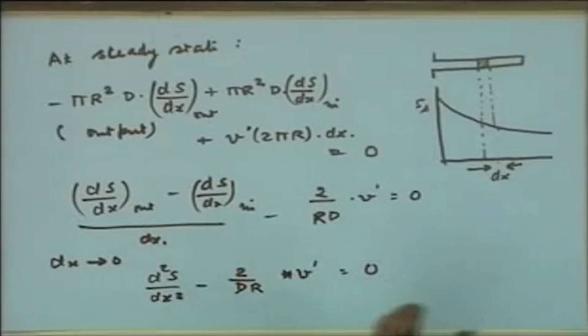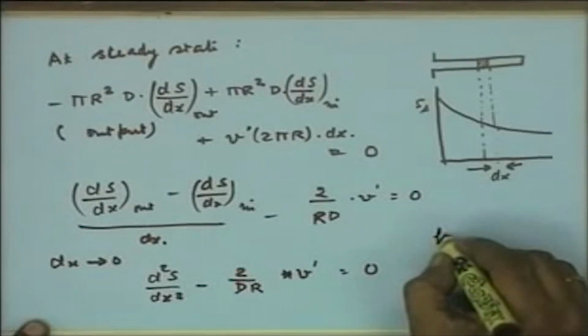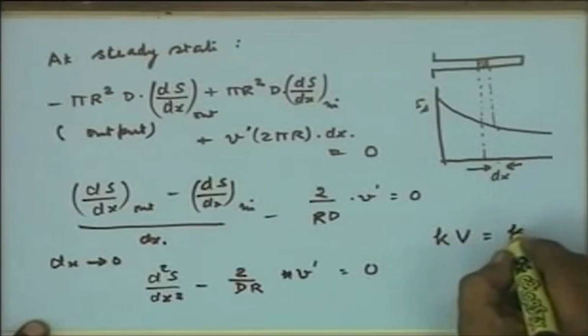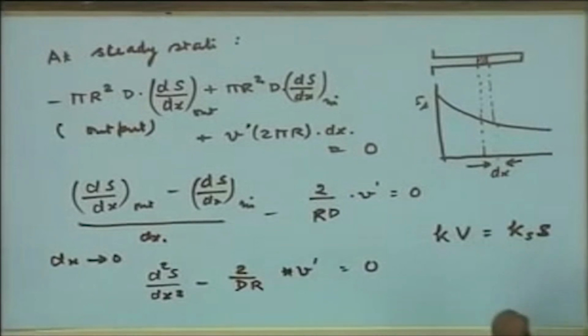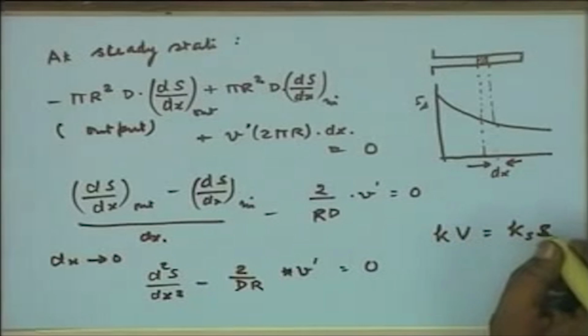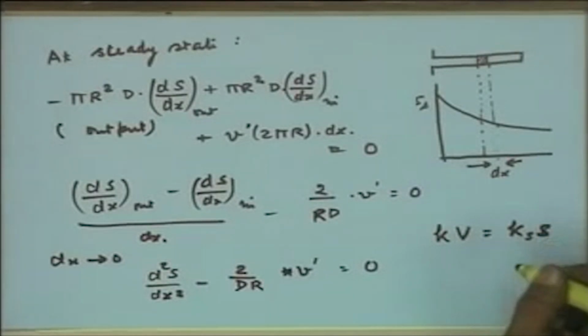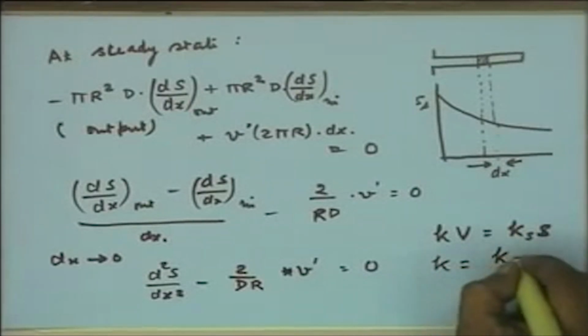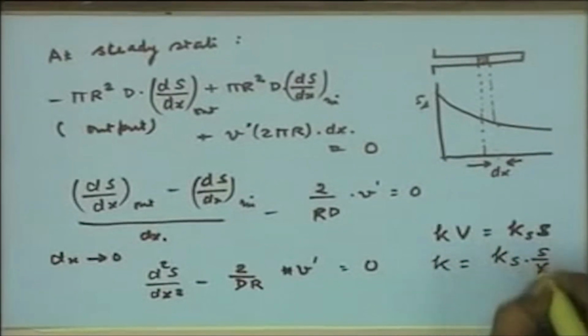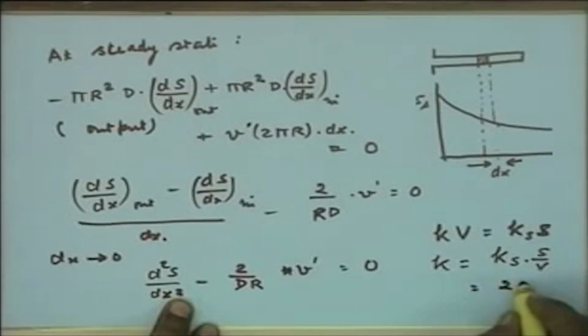Of course you can also make a modification. If you transfer this reaction velocity into the volumetric form, say k into V is equal to ks into S, these are the two rate constants, which could be zero order or first order, based on volumetric and surface area. In that case, for a cylindrical pore, k will be equal to ks into S upon V, and that is equal to 2 ks upon r.